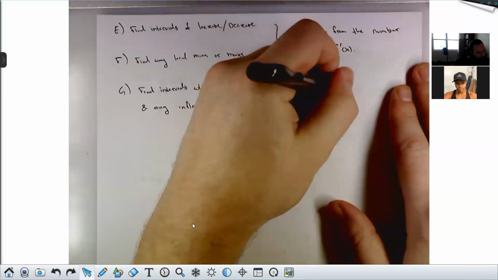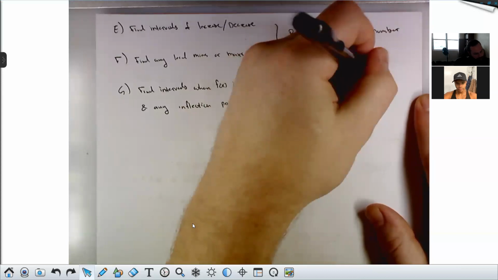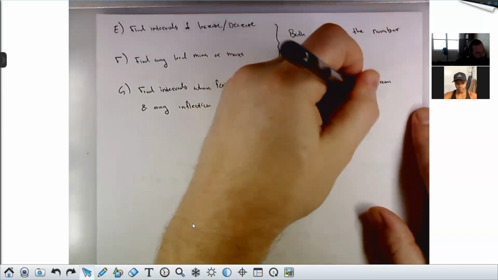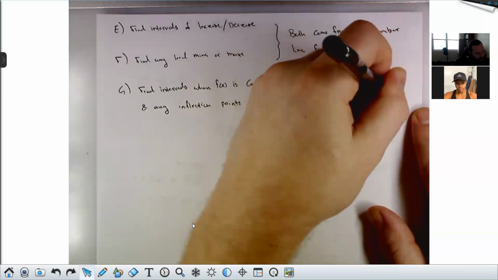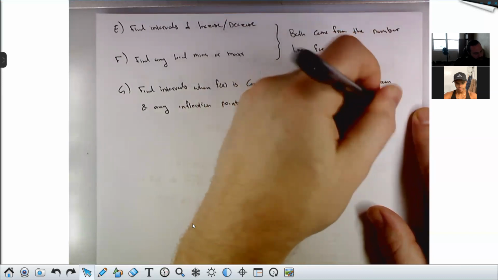And this comes from the number line for f double prime.